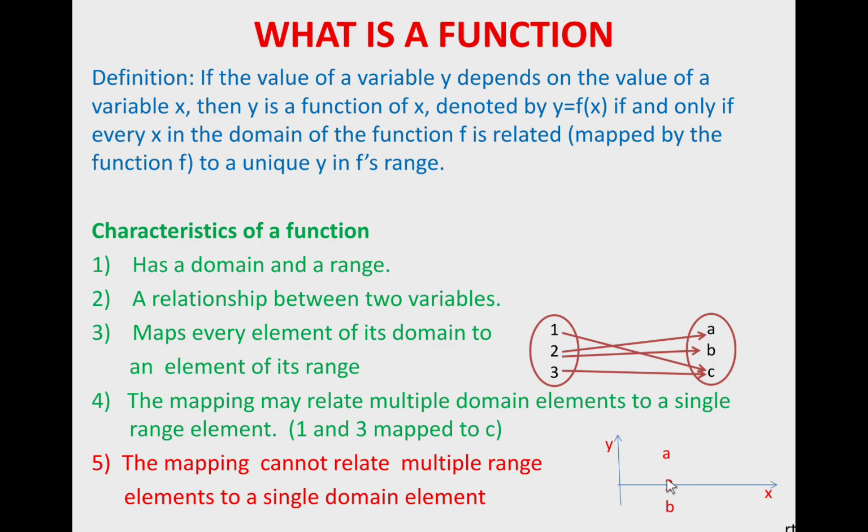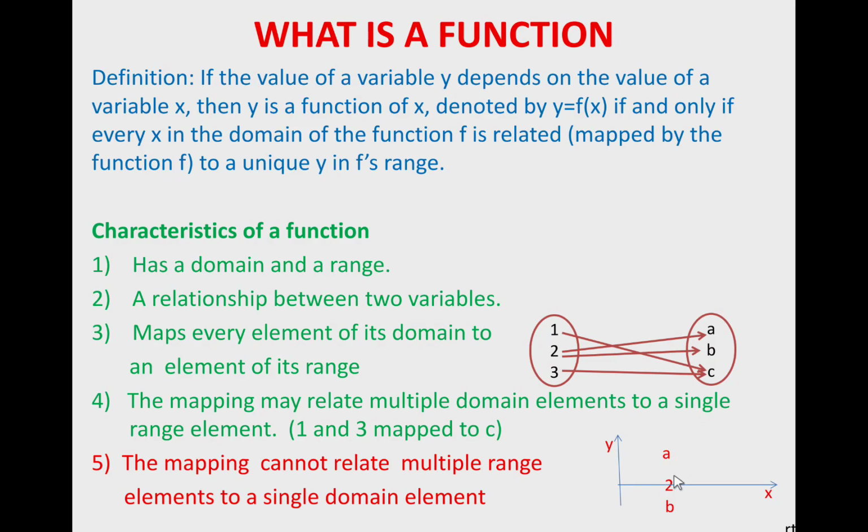So x is equal to 2. What is the value of y for x? We will look here. The value of 1 for x is c, but we're not plotting it. The value of 3 for x is also c. We're not plotting it. Let's take a look just at 2. So 2 has an f value equal to a and an f value equal to b.